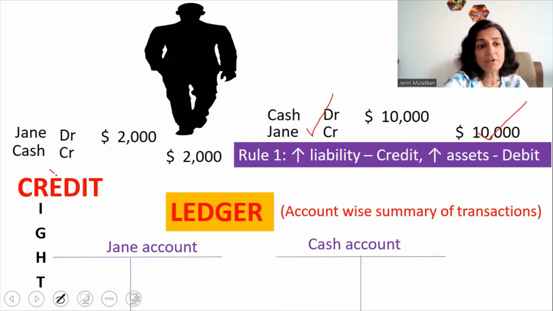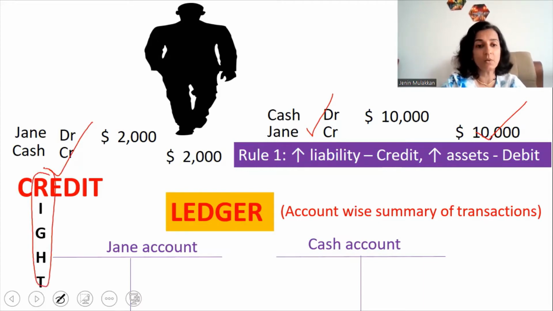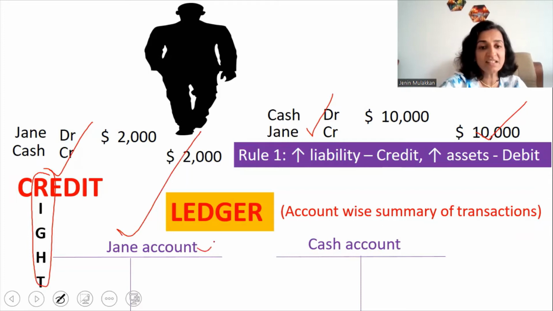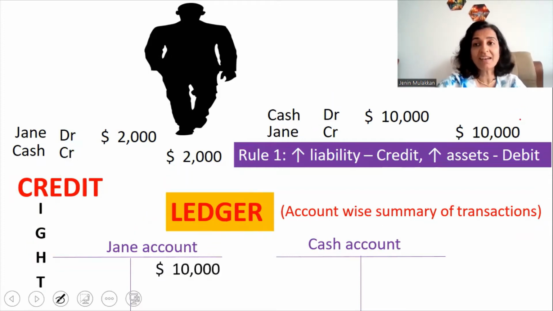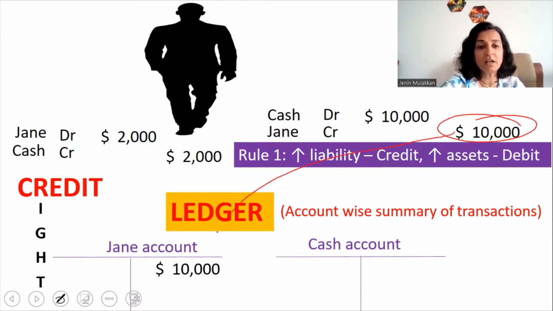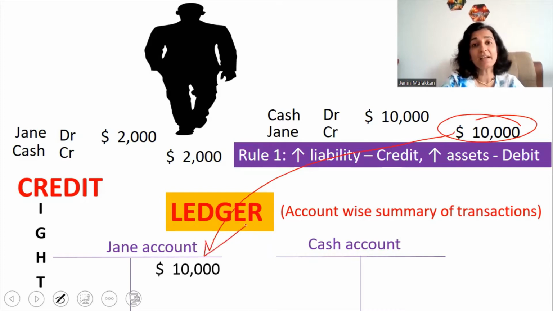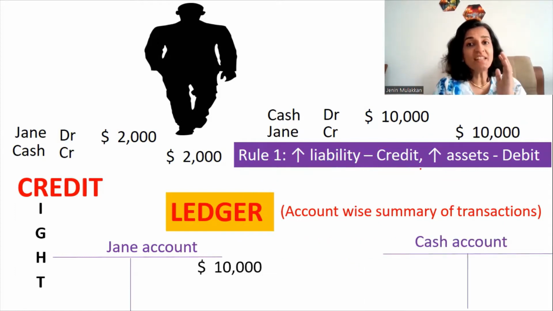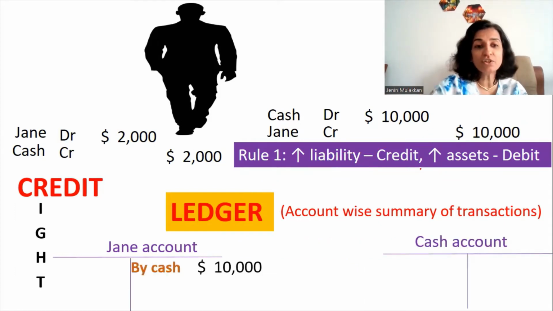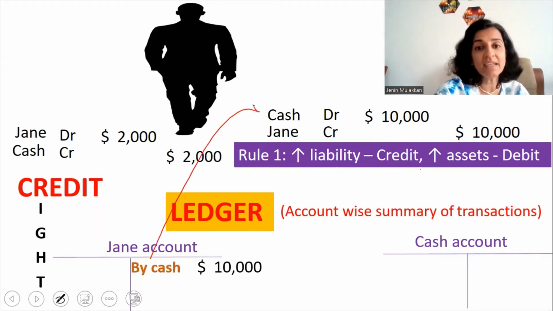And I said that for credit, it has to be recorded on the right side of the account. So in Jane's account, this is the right side. So the credit amount of $10,000 comes to the right side of Jane's account, indicating that it has got a credit balance. And the explanation that we have to write for the $10,000 is by cash.